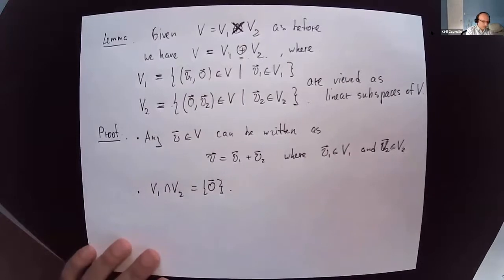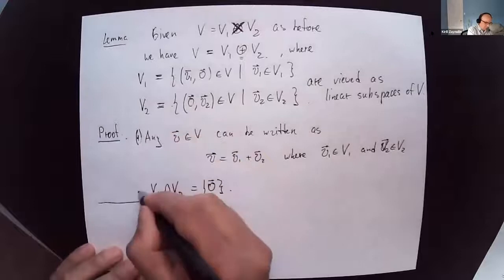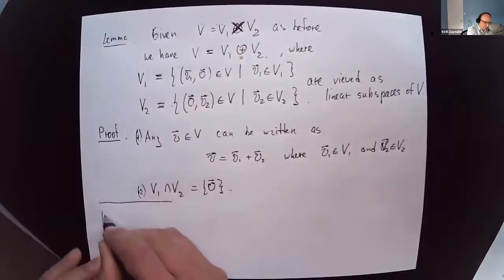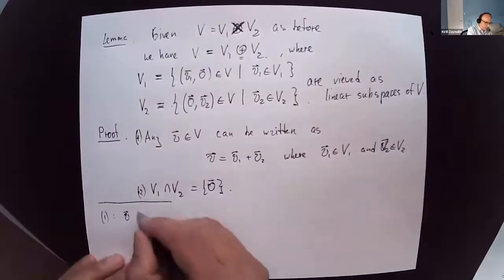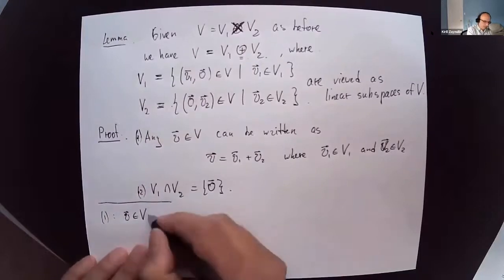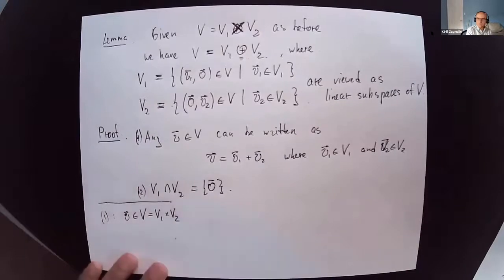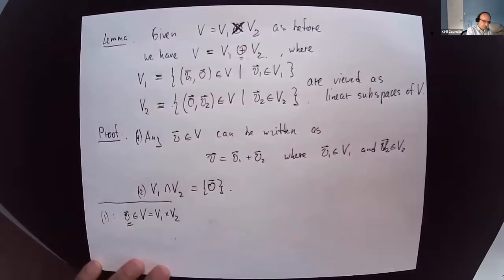Yeah? Okay, so what about the first one? Let me put 1 and 2. What about the first one? How do we show this? Well, okay, so suppose that we are given a vector from V, right? Remember that V was V1 times V2, meaning that this V is just a pair of vectors, right?